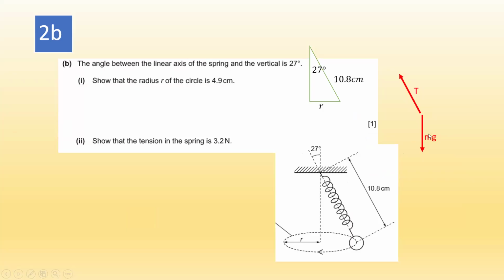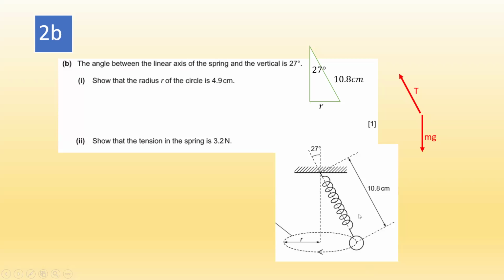So this one is just the forces acting on the sphere there. We can redraw this triangle, where there is 10.8 cm. This angle is a vertically opposite angle, 27 degrees.